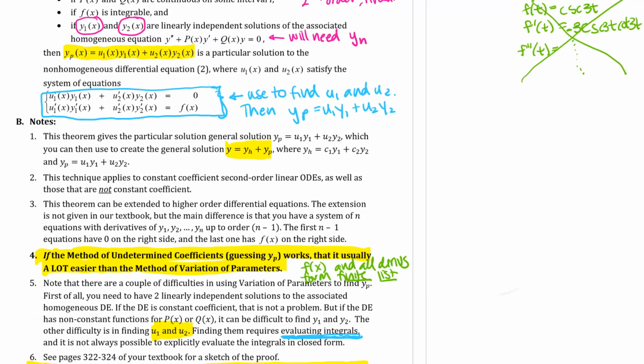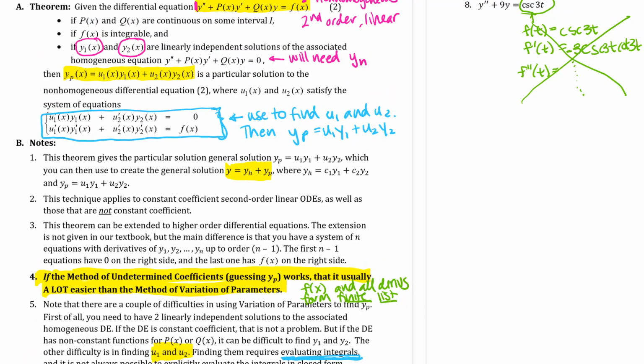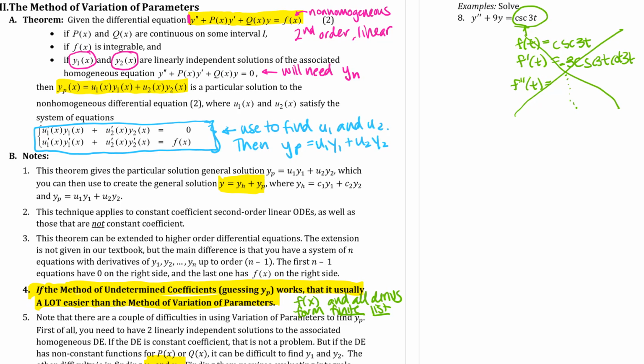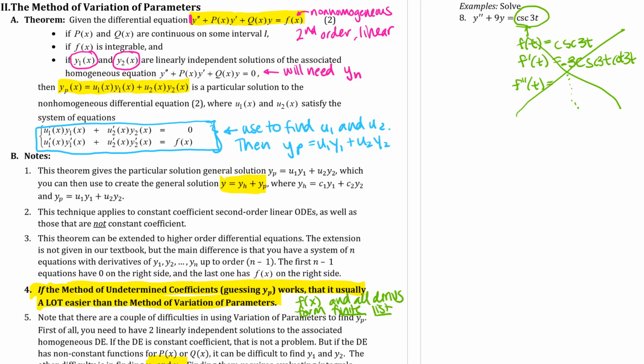Alright, so I'm going to just kind of sketch right here what we're going to do for this example 8, and then I want you to watch the next video where I actually go through it. Alright, so we're going to start by finding the YH, and we know how to do that already. I'm not going to write it down in this video because it's in the next video, but we're going to solve the associated homogeneous differential equation. And when we do that, we're going to get a fundamental set of two solutions that will form the general solution for the YH.